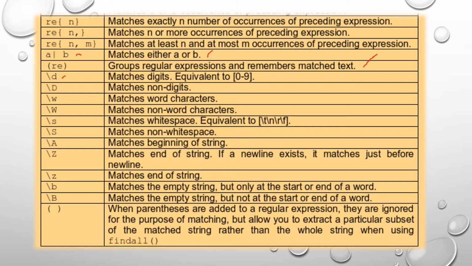So slash d: the meaning of this is matches digits, equivalent to 0 to 9. Slash uppercase D matches non-digits. Slash w lowercase: the meaning of this is matches a word character, and uppercase W matches a non-word character.